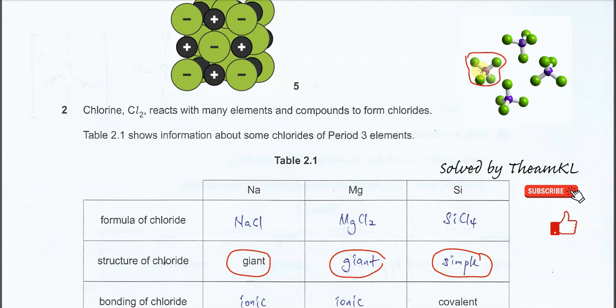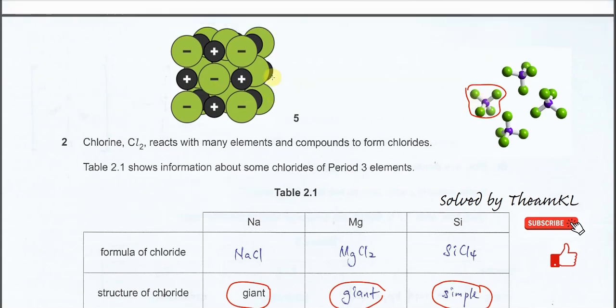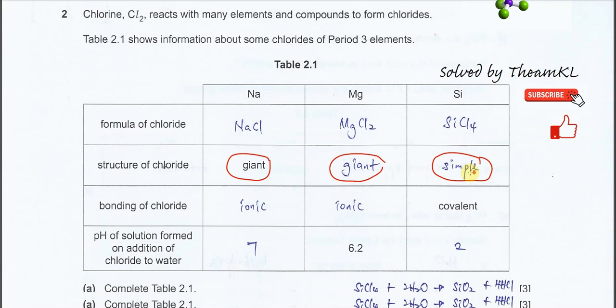It will not really form a network like these ionic compounds. So between these molecules, they just have weak intermolecular forces. So that's why this is a simple structure, because the molecules are separated. Okay, small molecules only. So it's a simple structure.